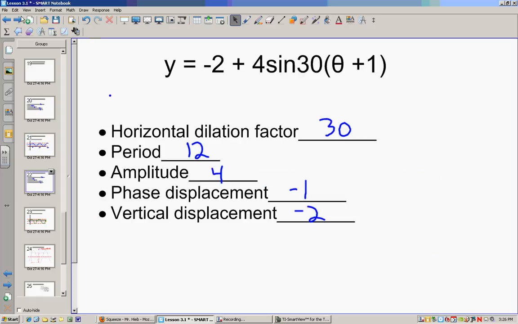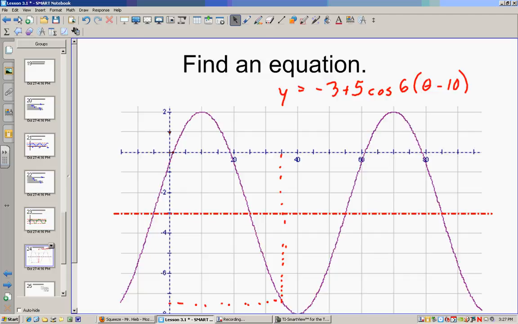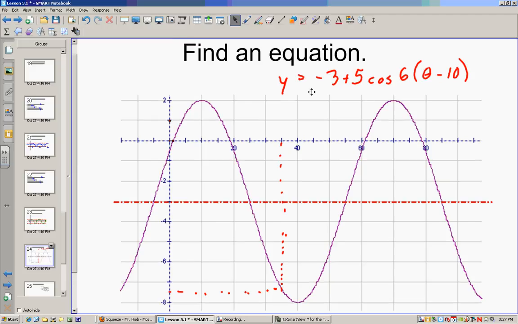All right, here are some answers. Here's some answers from the first page: 30, 12, 4, -1, -2. Here's a graph of that where there's 2 cycles. Now in this equation, I had y equals -3 plus 5 cosine of 6 theta minus 10.